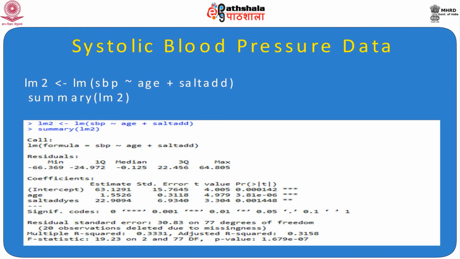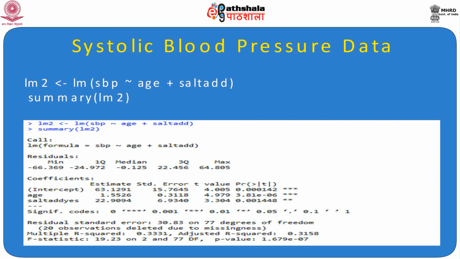Here again we try to find out the relation of age and salt add with systolic blood pressure. The combined effect of age and salt intake on systolic blood pressure is observed. For the intercept we found an estimate of 63.12 and standard error 15.76 with t value 4.005 and p value 0.000142. But here we should not consider the p value for the intercept.